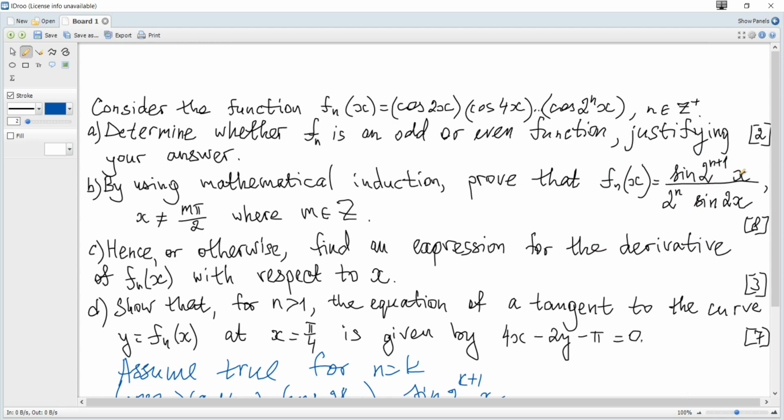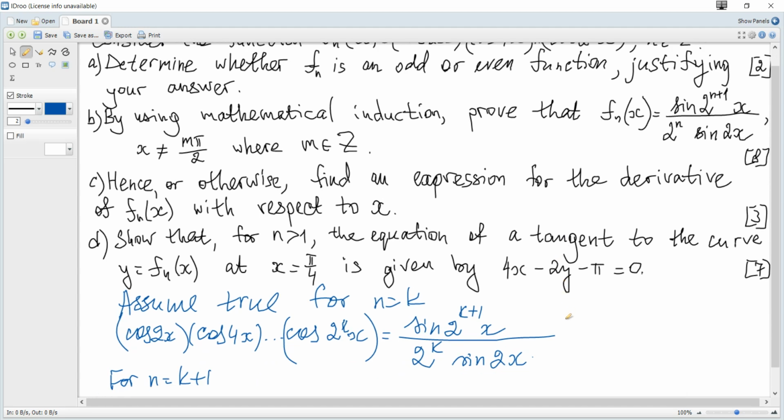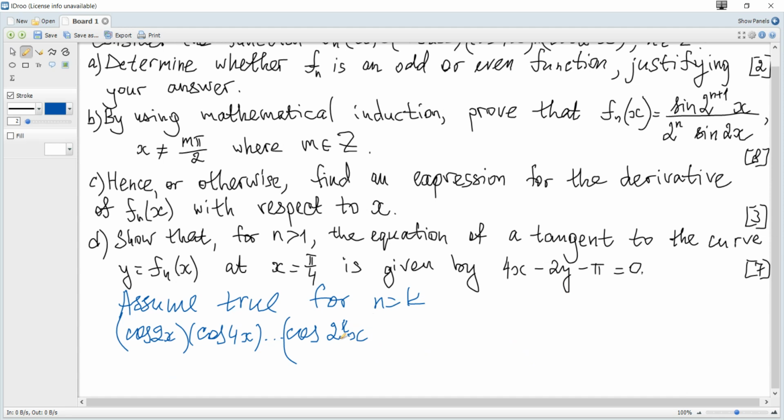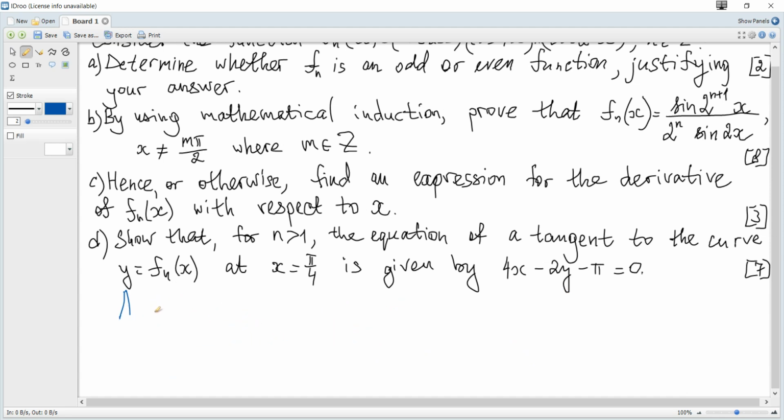And we can see that it's a division of two functions, so we should apply the quotient rule. And the quotient rule says that the derivative of u divided by v is, and this formula is given in the data booklet, v squared, u derivative times v minus u times v derivative.